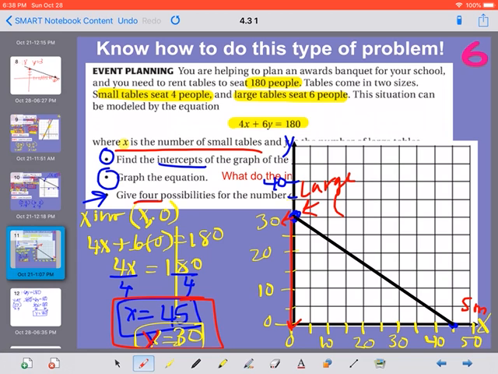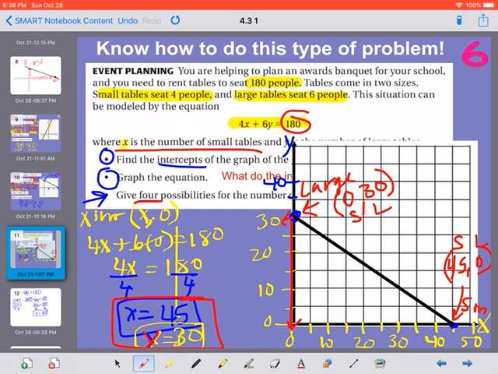So in the combination, or as a point xy, 0, 30 is one possibility. So X was small, and Y is for large. So we could have 0 small tables and 30 large tables to seat all 180 people. We could also have this as a possibility, 45, 0, XY, 45 small, and 0 large.